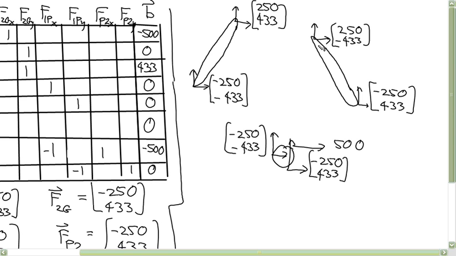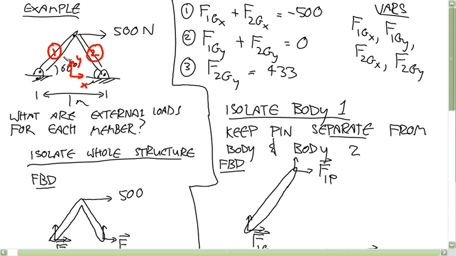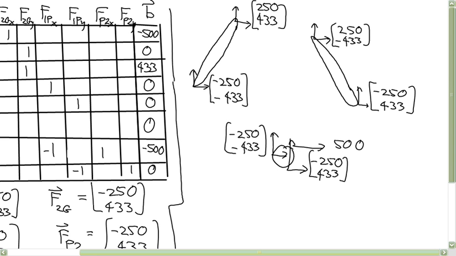The other one, you have them pointing in. So it's trying to smush that body, okay? And if you look at what's happening, maybe you can sort of visualize how that works, okay? Pulling with 500 newtons over to the side, it's pulling up on this joint and stretching that member, and it's pushing down on this point and compressing that member, okay? And you start to get at that story by calculating all the external loads.